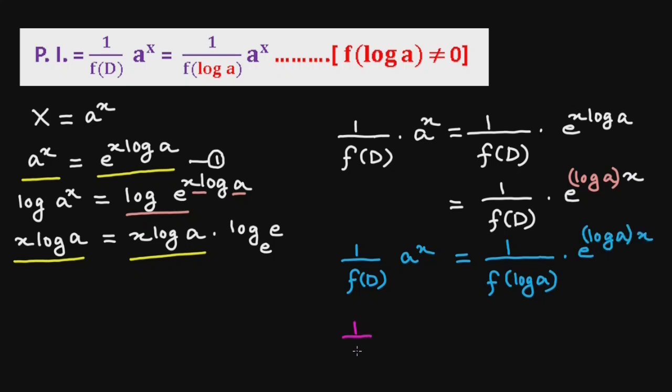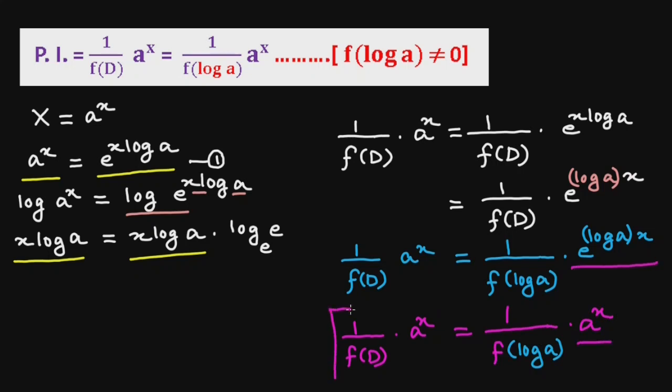So 1 upon f(D) a raised to x will be 1 upon f(log a) a raised to x, because e raised to x log a is a raised to x. So we get this formula to calculate the particular integral of a raised to x.